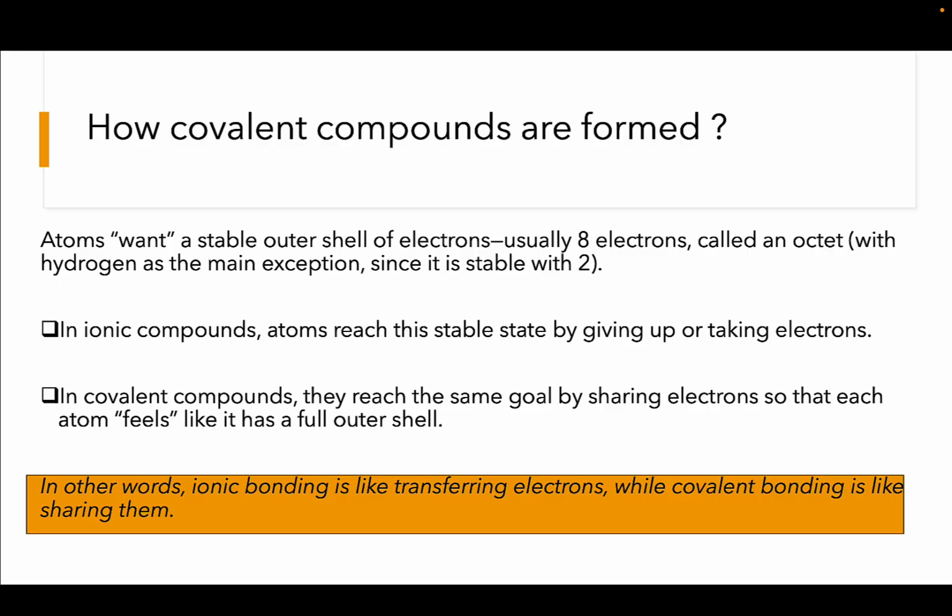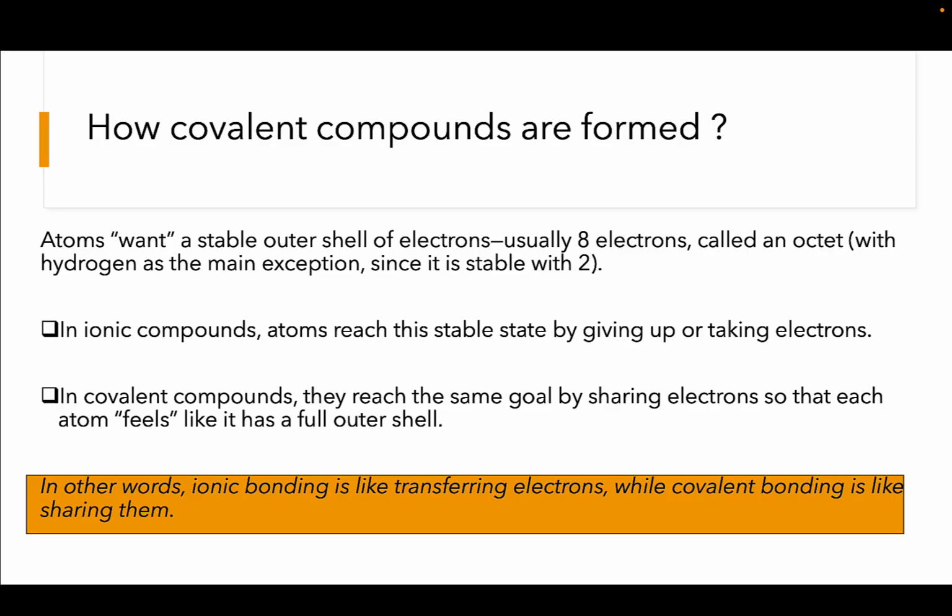We want to form an octet, exactly 8 valence electrons in the outer shell, which is going to seem very similar to what we looked at with ionic compounds. But the difference here is that covalent compounds reach this goal by sharing electrons. And when they share electrons, both of the atoms that are sharing the electrons feel like it has a full outer shell.